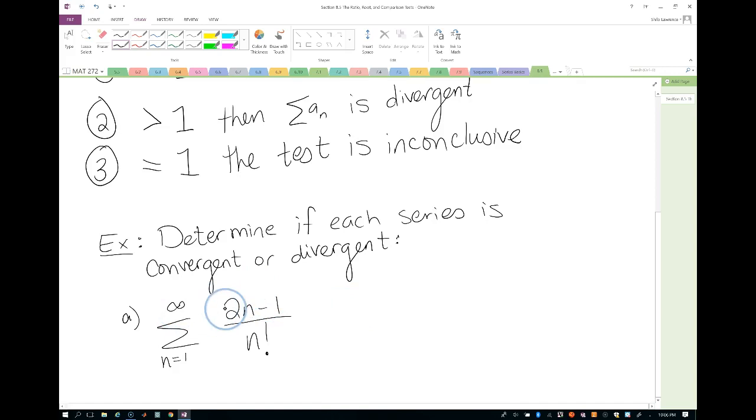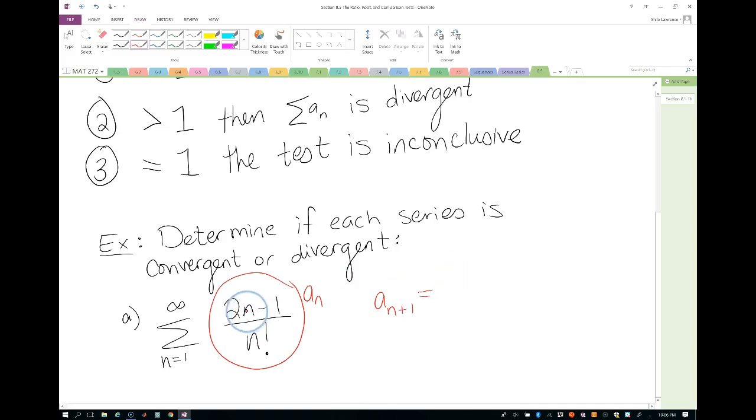So what they gave us is the a sub n. All of this stuff is a sub n. And we need to write out what the a sub n plus 1 expression is. So remember, n is just like a variable. And I want to know what this is going to look like if I replace n with n plus 1.